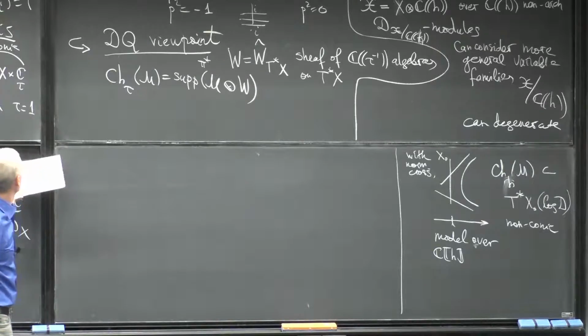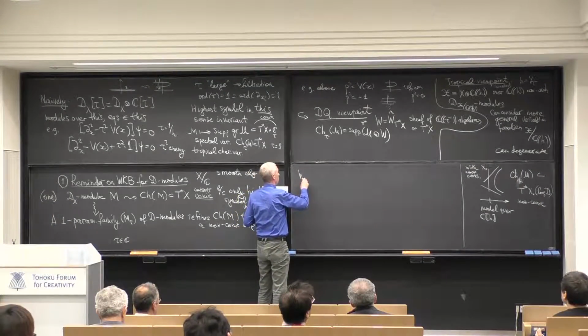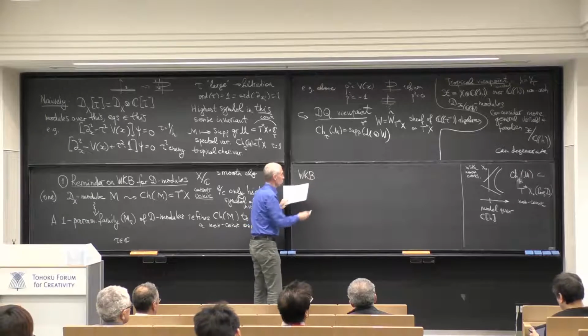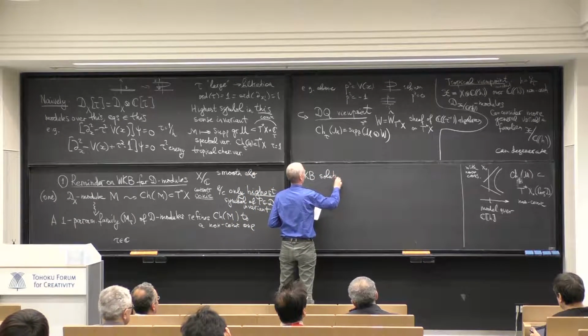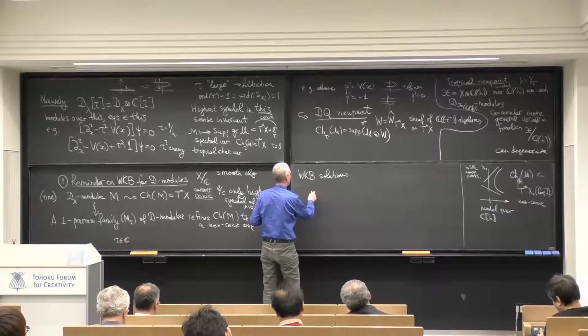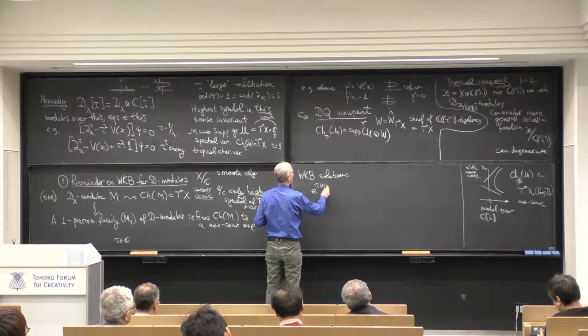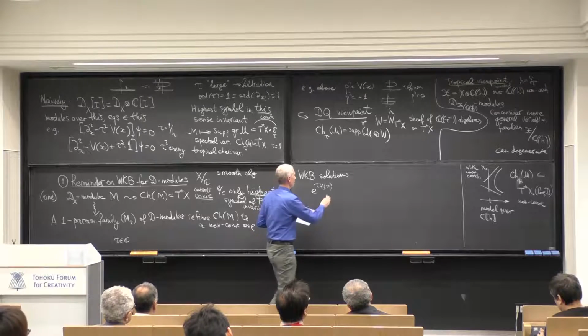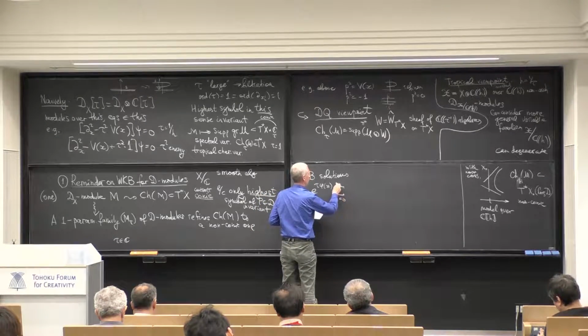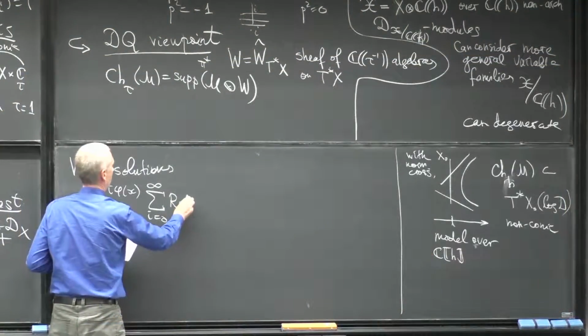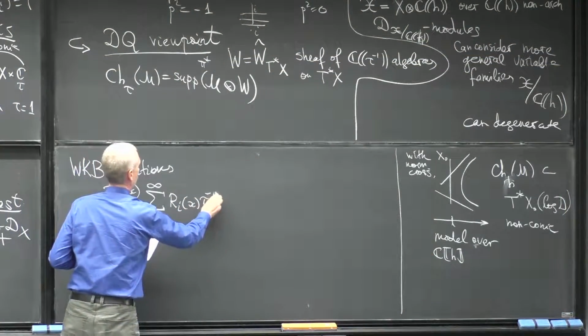Now, the classical WKB method looks for solutions in some particular shape. It would be something like this: e to the tau phi of x, the oscillating term, times the perturbative series, sum i equals 0 to infinity, r_i of x, tau to the minus i.